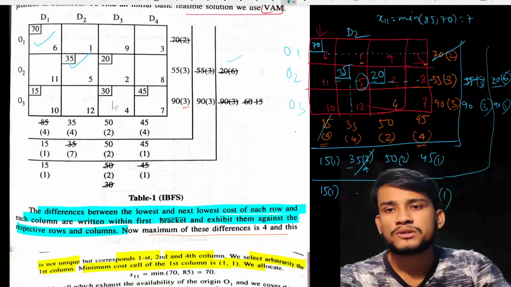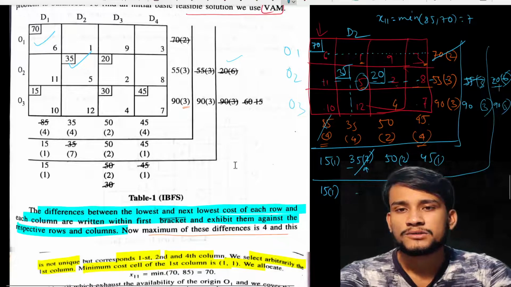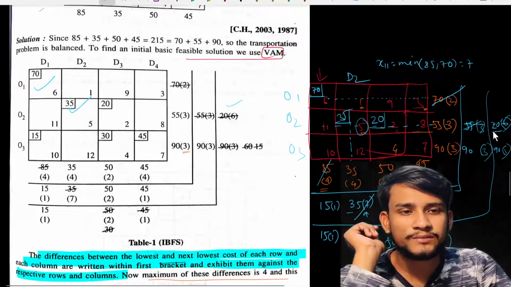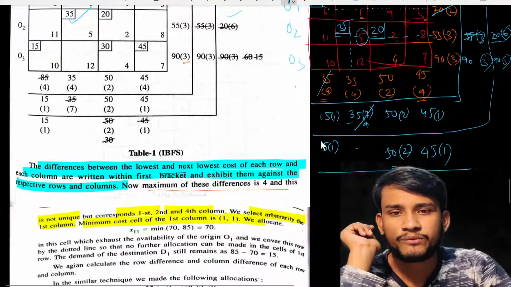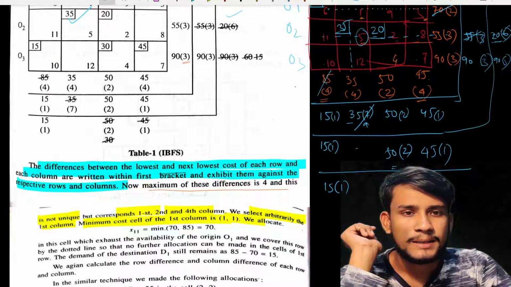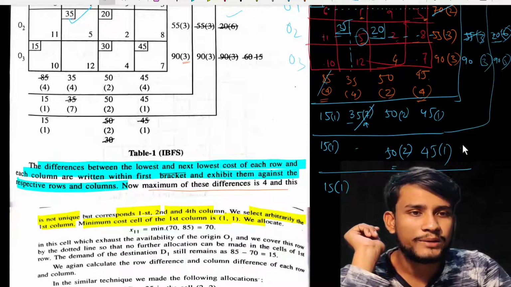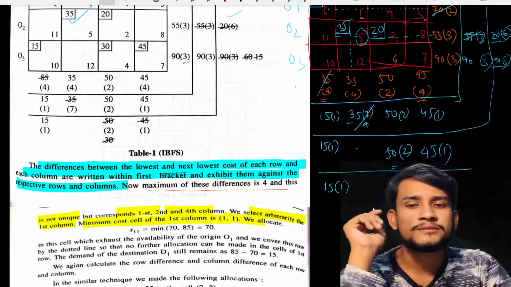This is the process in the table in the book. After this step, this is exhausted. Now we have 15 units, and this is 20 units. Here 30 units remain, here 45 units remain, here 20 is finished, and 90 remains. So these are two steps.